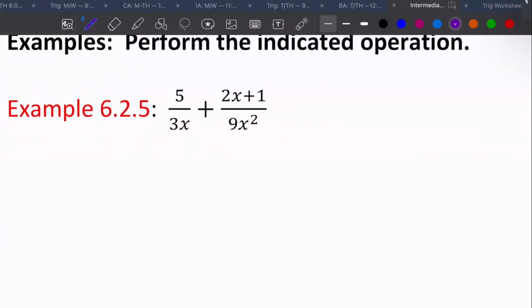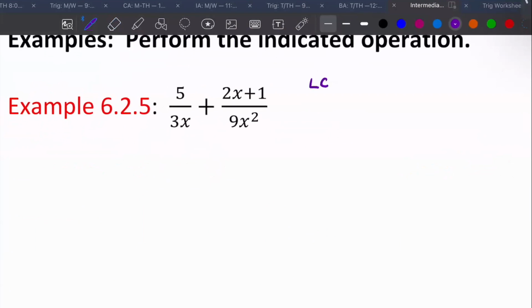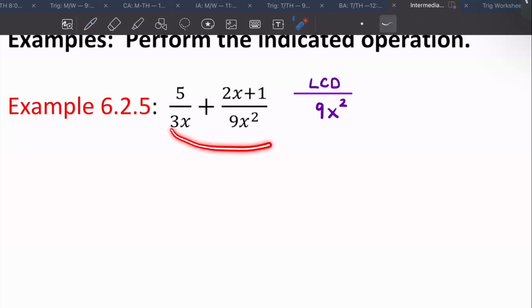All right, so this one's a little different than the one we did. Okay, you need everything accounted for, right? Well, if I have a 3x and a 9x squared, if I say that my least common denominator is 9x squared, and I told you that everything needs to be accounted for one time. Well, 3 is in here, and so is x.